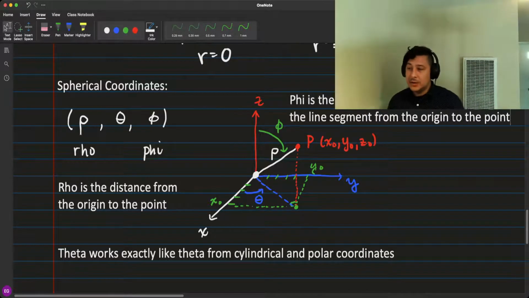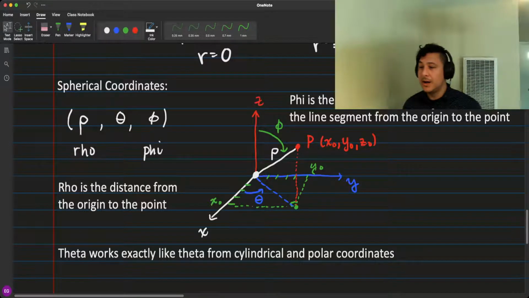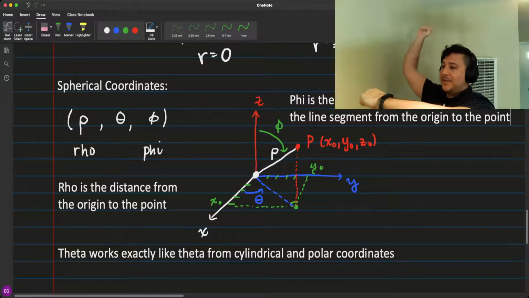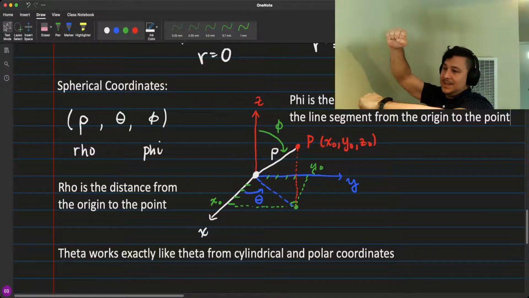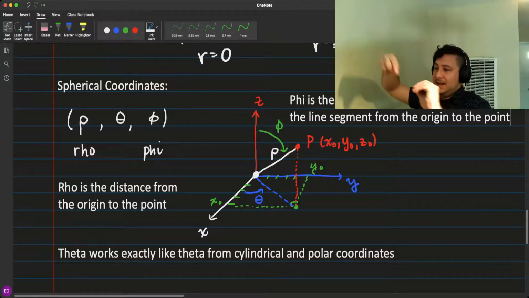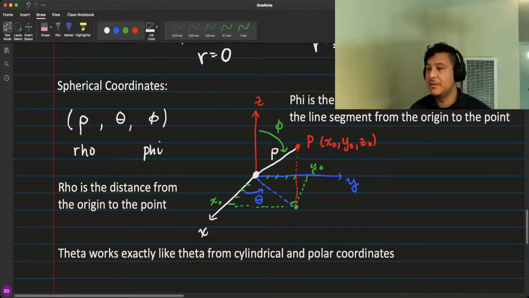So the way spherical coordinates work is, you start from the x-axis and you rotate some angle. You start from the z-axis and you rotate some angle. And then once you have rho, the length of that line segment, you're going to be able to figure out where your point is. It's a little weird.